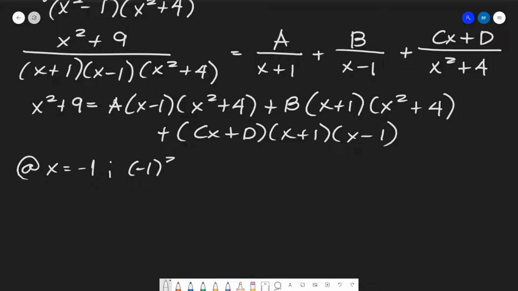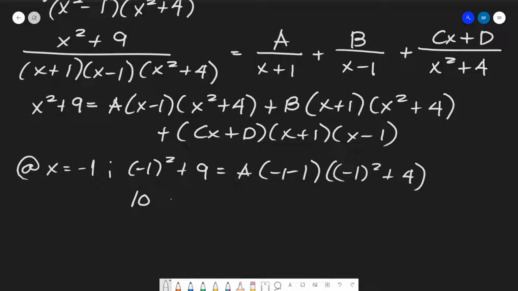So, negative 1 squared plus 9 is equal to a times negative 1 minus 1 times negative 1 squared plus 4. So, we have here 10, no? 10 is equal to negative 1 minus 1 is negative 2. Negative 1 squared plus 4 is 5. So, negative 2 times 5 is negative 10. Yan. So, divide both sides by negative 10. A is equal to negative 1.